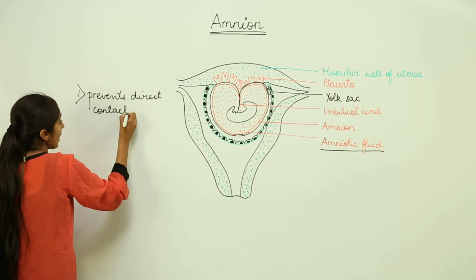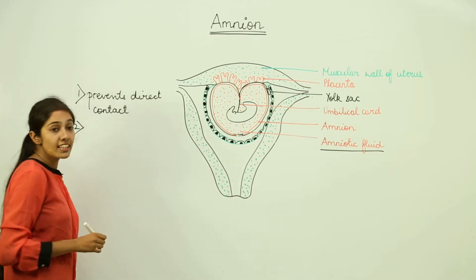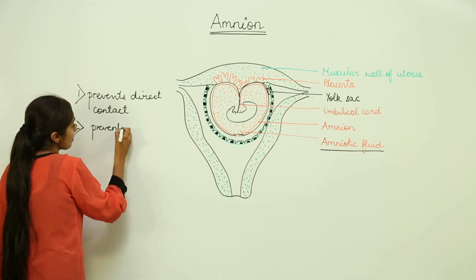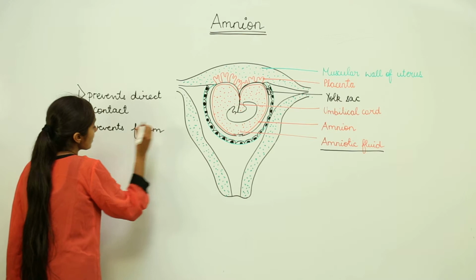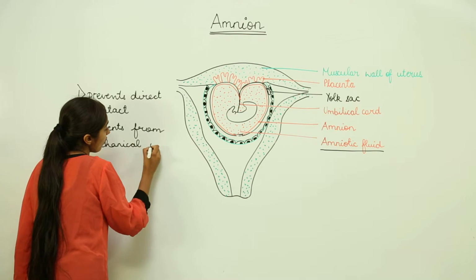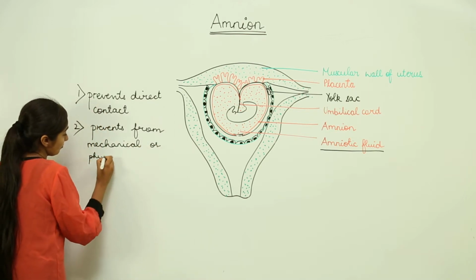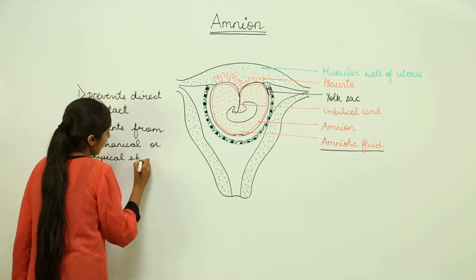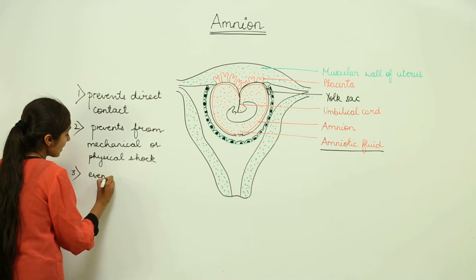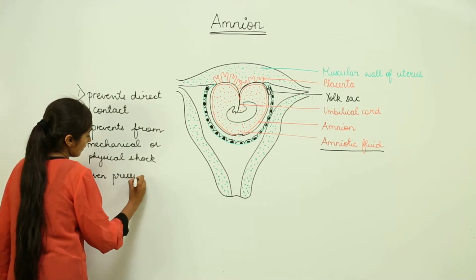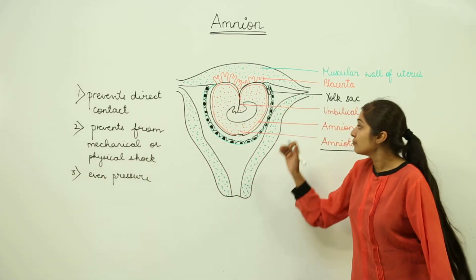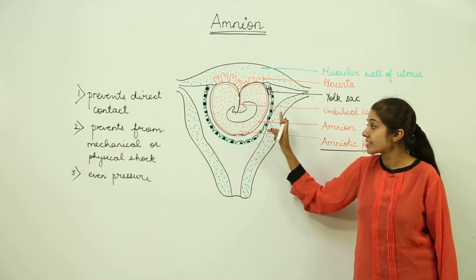Then secondly, it is preventing the fetus from any mechanical or physical shock. Then thirdly, it maintains even pressure. The pressure is evenly maintained because of the presence of this amniotic fluid that is there between this amnion, this sac, and the fetus.